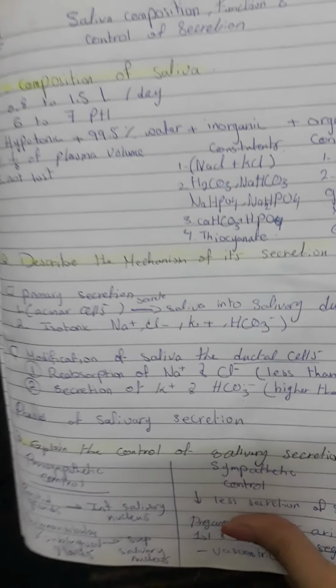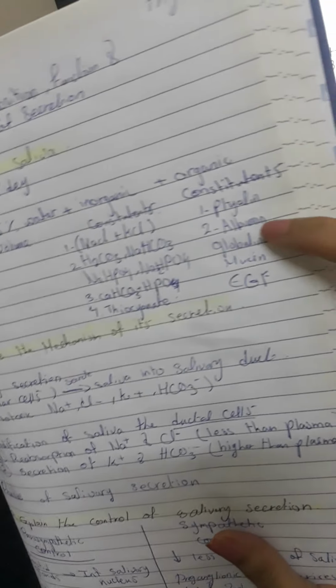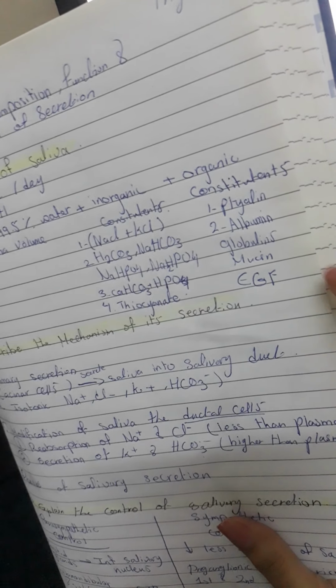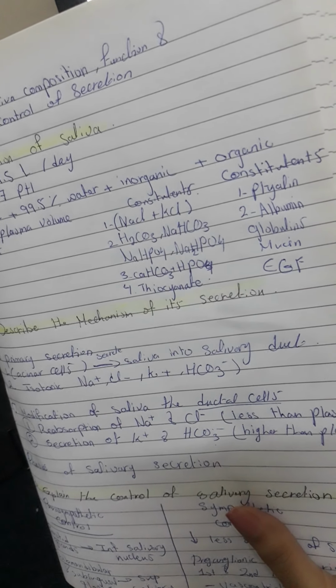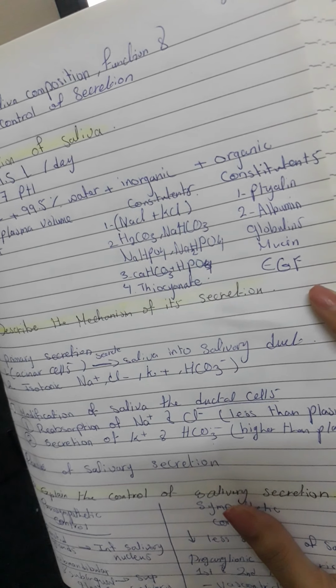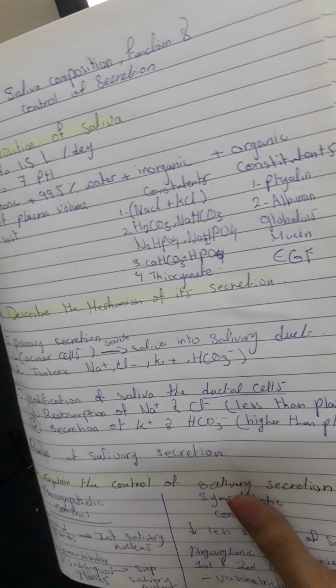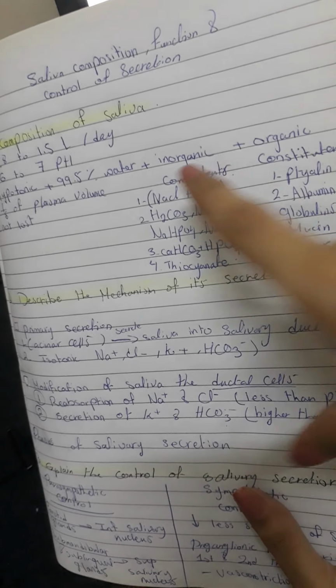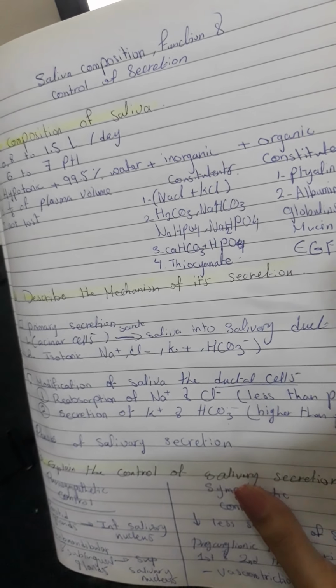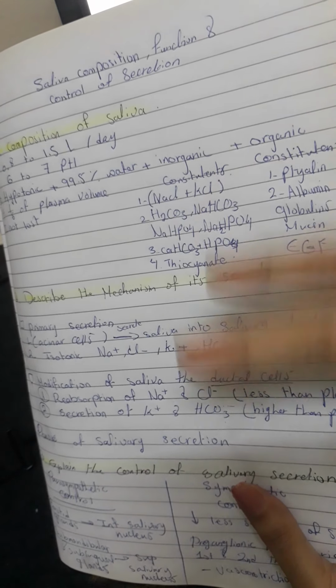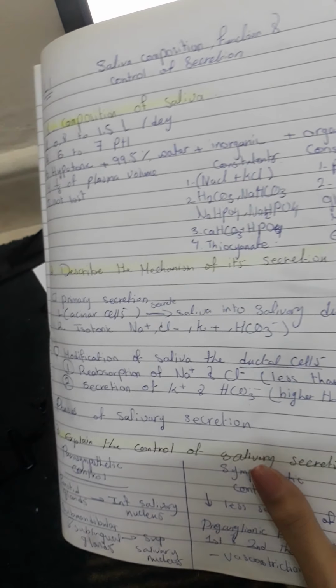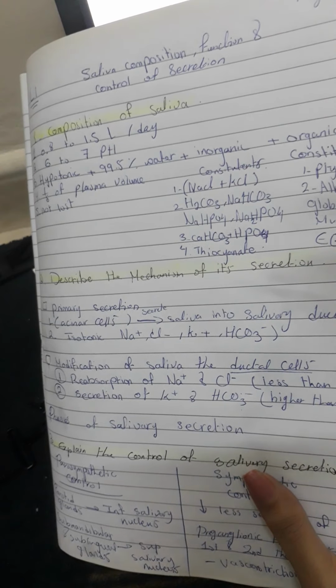Organic, like enzymes, albumin, amylase, mucin, EGF. These are all organic substances in the saliva. There are also inorganic ones, like sodium, potassium, bicarbonate. So this is the first learning objective, the composition of saliva.